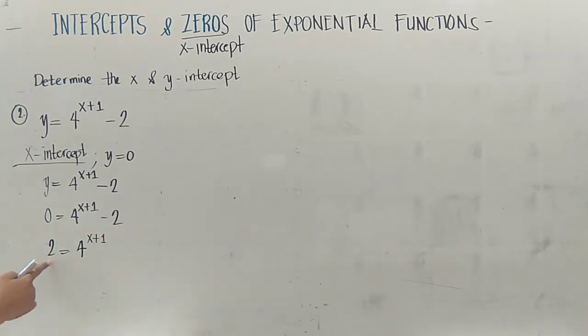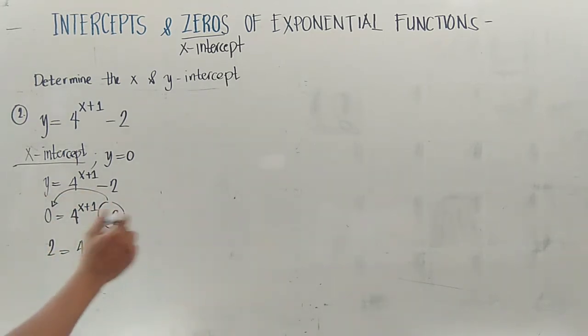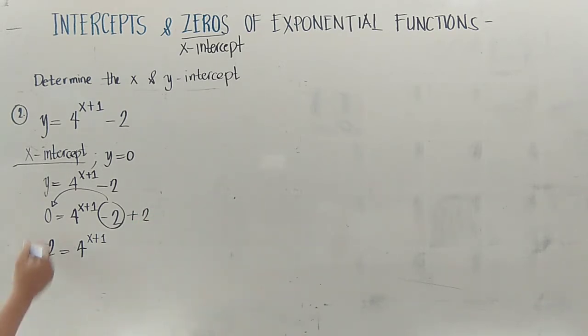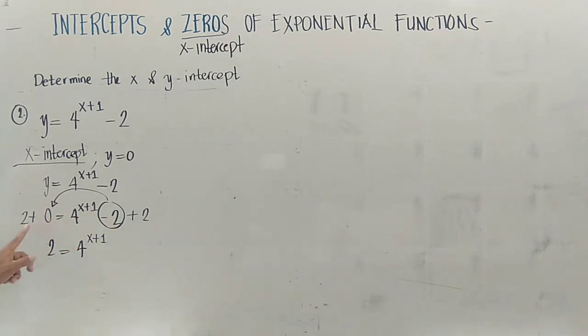Where did we get your positive 2? So positive 2 is transferred using transposition, but again, transposition is not an operation. So we have the addition property. We added 2 in here to eliminate negative 2. Therefore, we will add 2 on the other side to make it balance.